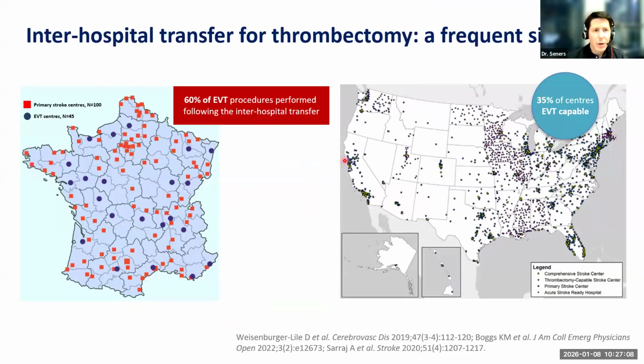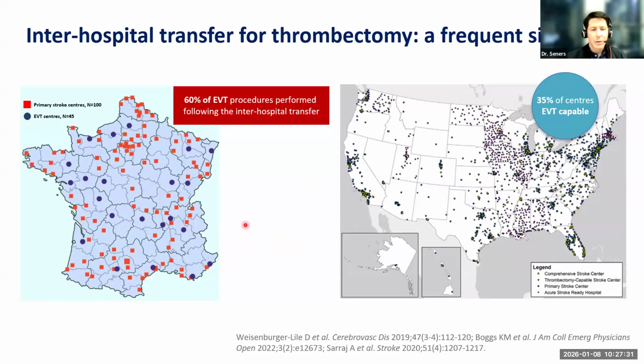So you probably all know that interhospital transfer for thrombectomy is a very common situation. You have here the maps of the stroke centers in France on the left and the USA on the right, and in both countries, and it is the same in most countries worldwide, most stroke centers are not EVT capable.